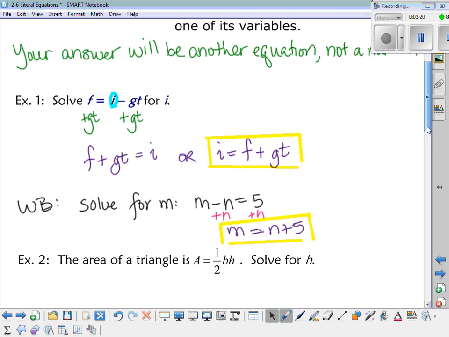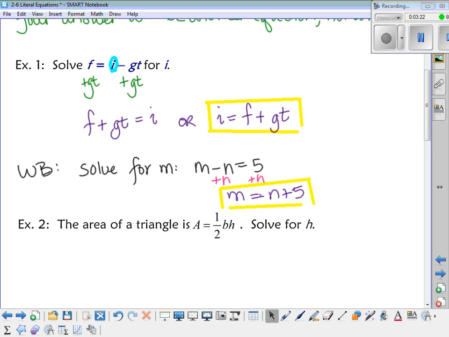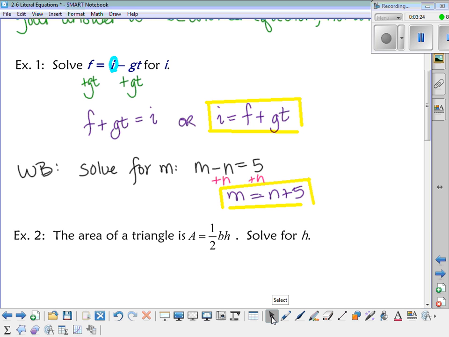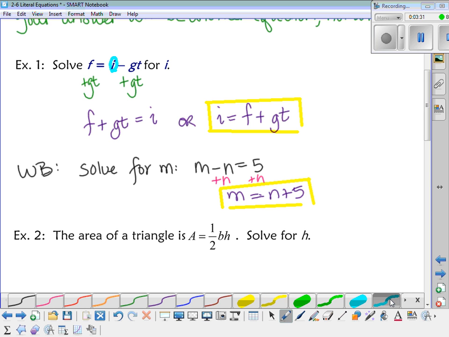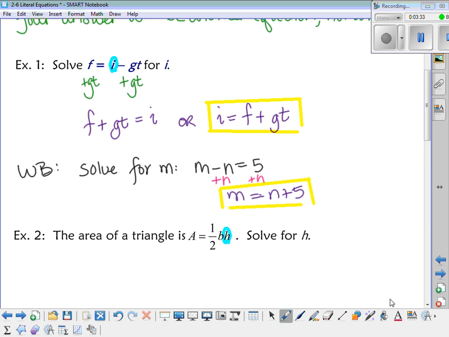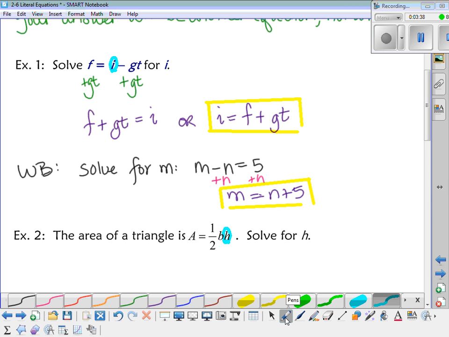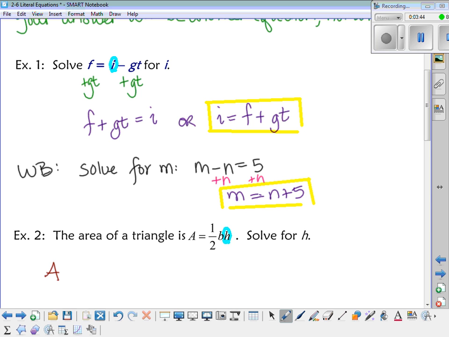In your notes, we're going to try this one. The area of a triangle is given by A equals 1/2 base times height, so we're going to solve for h. This time we want to get h alone. So h is being multiplied by 1/2 and multiplied by b. When we want to get rid of a fraction, we multiply by its reciprocal.